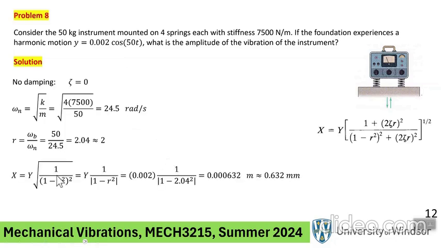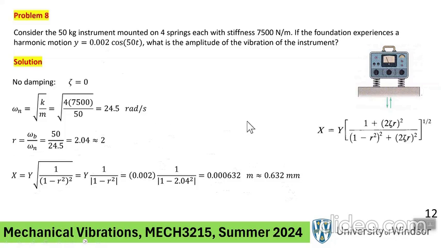And in fact, if we plug these things in here, we get that the instrument actually vibrates at 0.6 millimeter instead of the base that is 2 millimeter. This is 2 millimeter, this is 0.6. And that doesn't surprise us because R is bigger than root 2. R is 2, which is bigger than root 2.